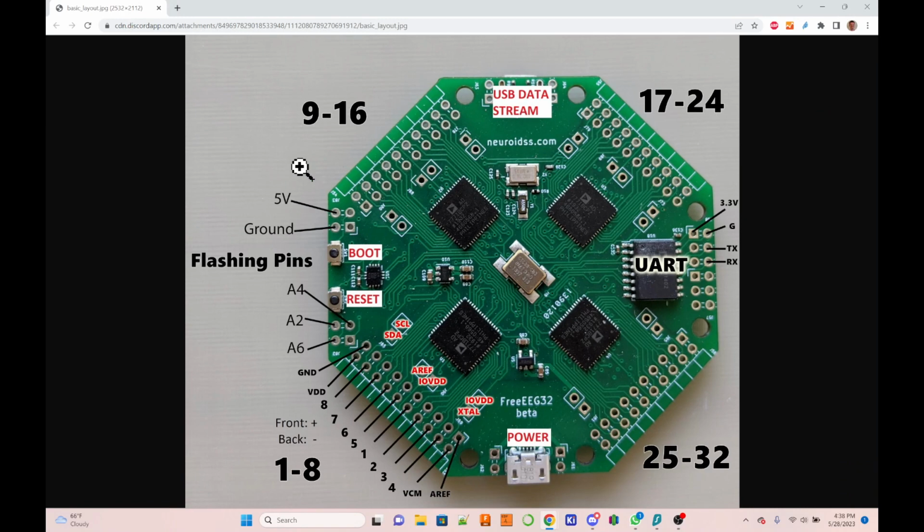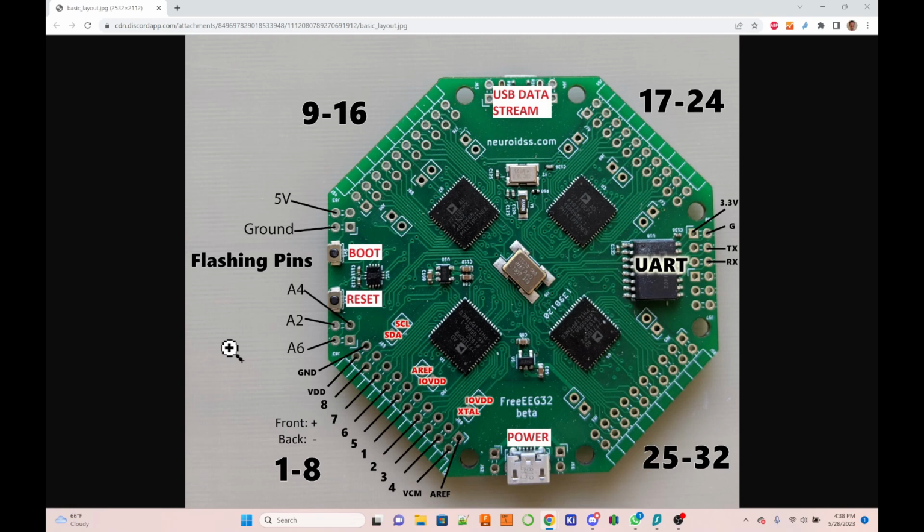So here we have the board, and there's one key difference comparing this to the OpenBCI Cyton. And there's a few pins that we need to sort of understand. So on the OpenBCI Cyton, there's the channels, and then there's the SRB2 and the bias pins, right?